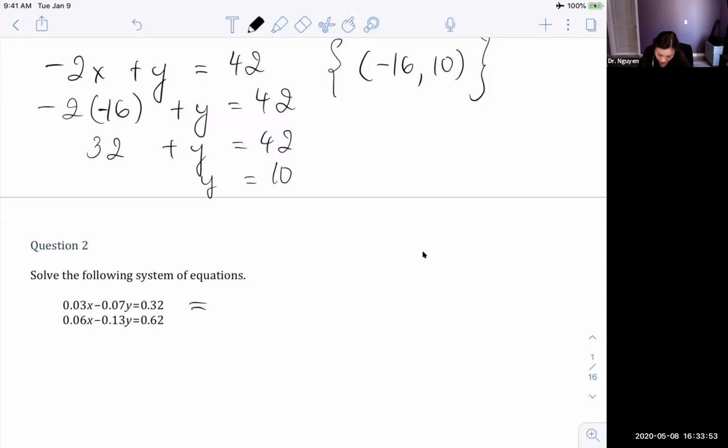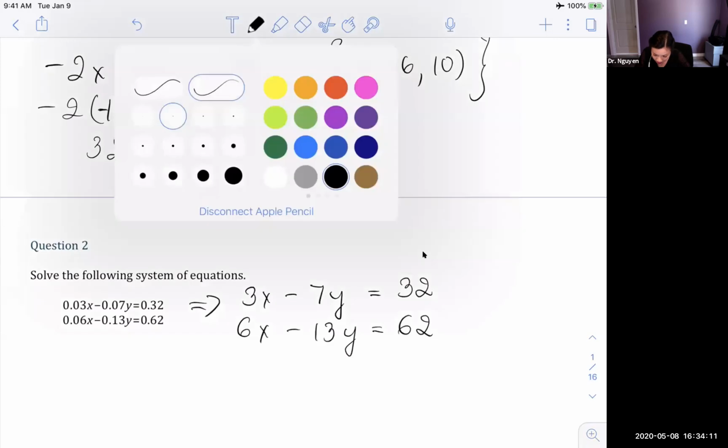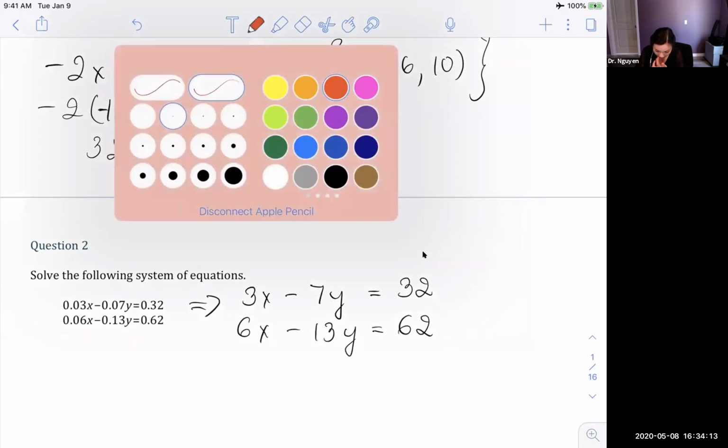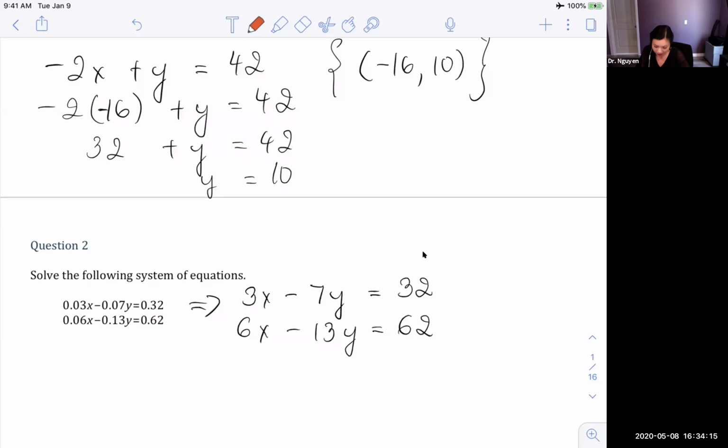So now we end up with 3x minus 7y equals 32, and 6x minus 13y equals 62. You can see that for this problem, x is easier to eliminate, right? So I'm going to eliminate x by multiplying the first equation by -2, because I want to create the opposite.